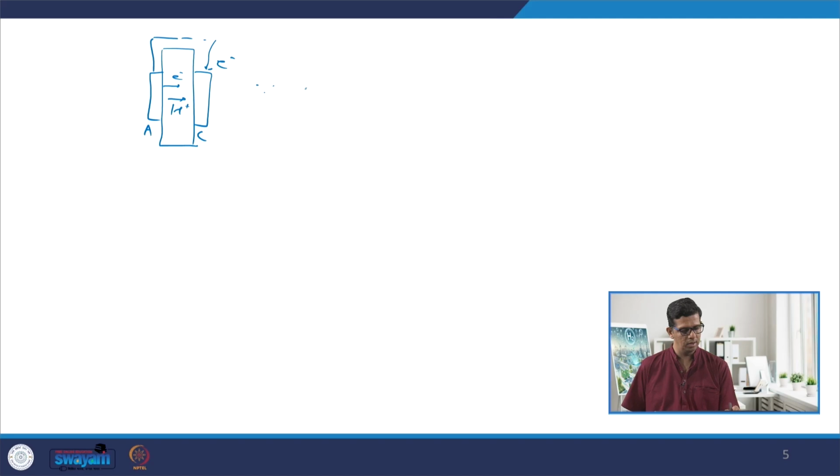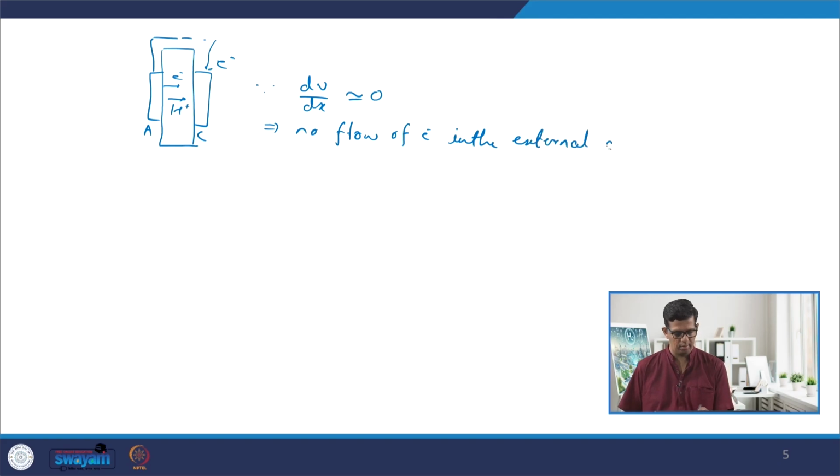Because there will be no potential difference, it will be almost 0, and that is why the electrons will flow straight from anode to cathode instead of through the external circuit. So that implies no flow of electrons in the external circuit.